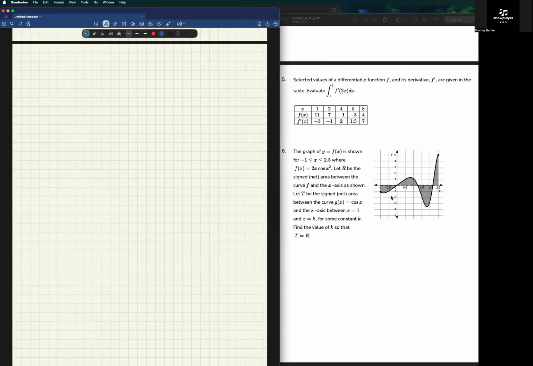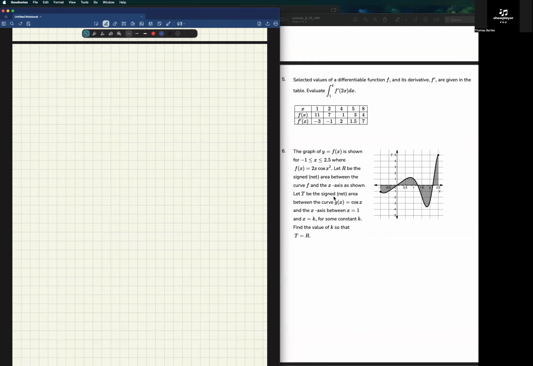Signed, so that means this here is negative, this here is positive, this here is negative, this here is positive, between the curve g of x equals cosine x and the x-axis. Let T be the signed area between x equals 1 and x equals k for some constant k. Find the value of k so that T equals R.